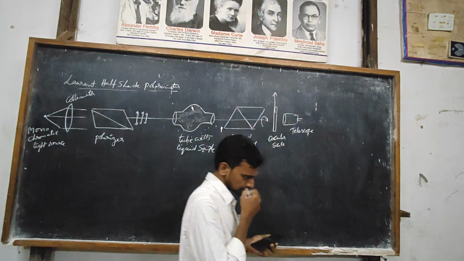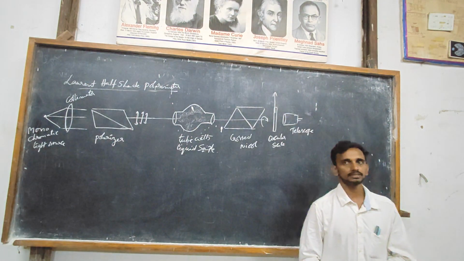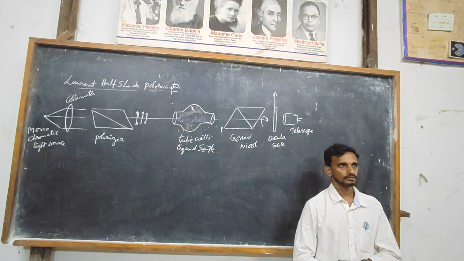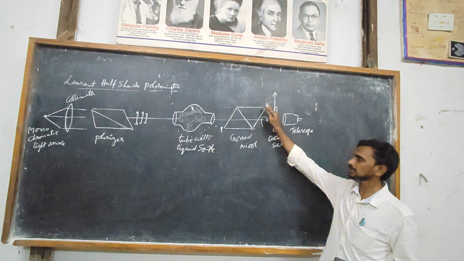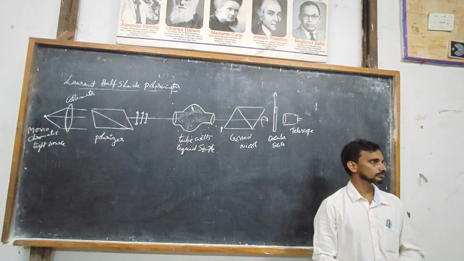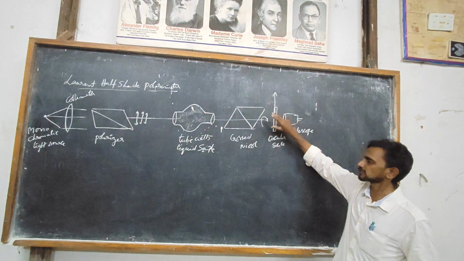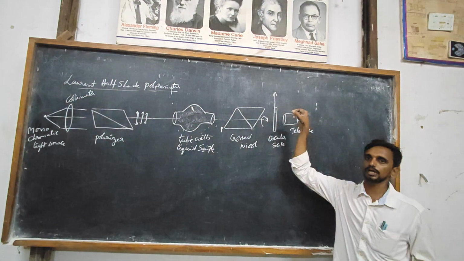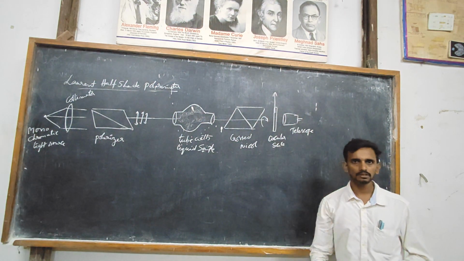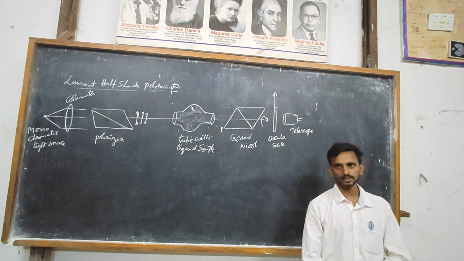But the problem here is we cannot exactly identify the zero intensity. Initially we may consider a particular location as zero intensity, but that may not be exact zero. And after introduction of the sample also, we are rotating this nicol to identify the zero intensity location, but our human eyes may not identify it perfectly.